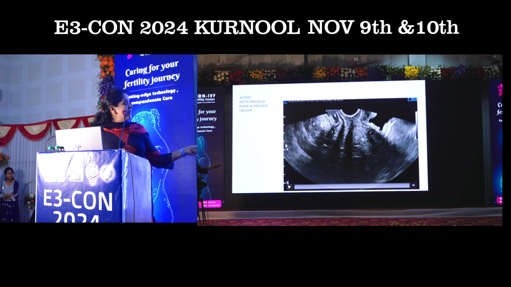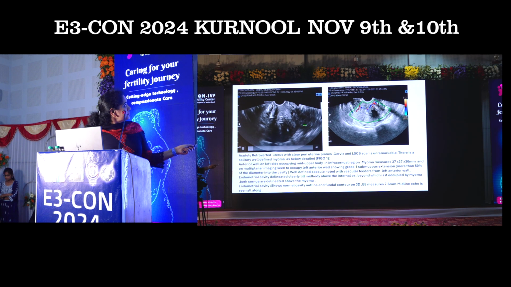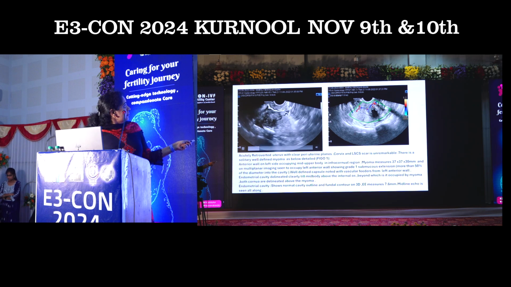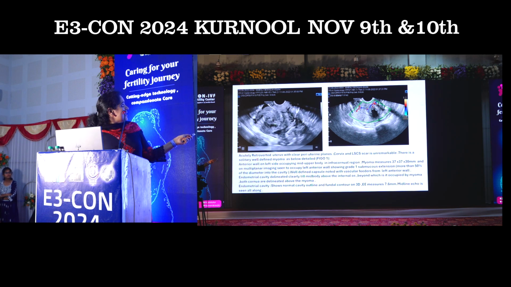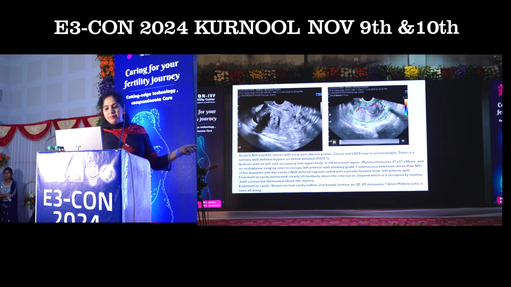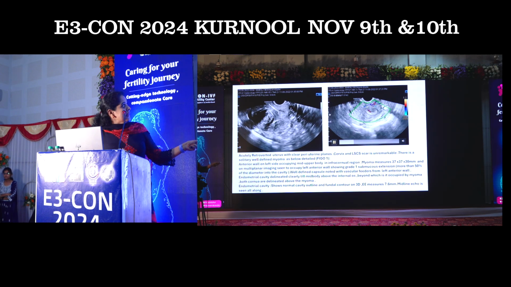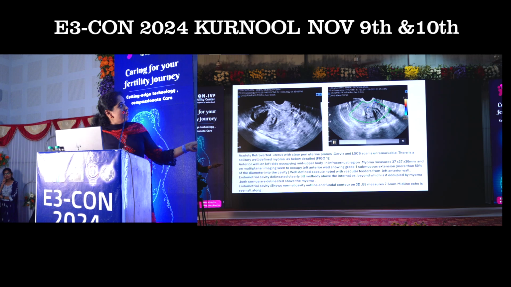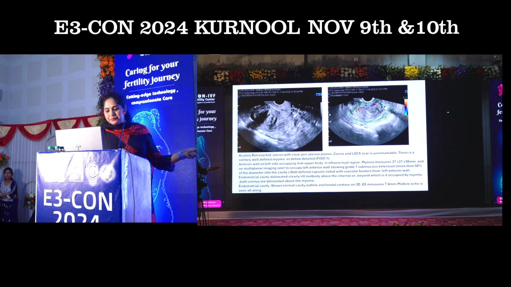So the lesion is a typical myoma, and the location is posterior wall, upper body, FIGO 1 in extent, meaning more than 50% is intramural, but it is trying to enter into the cavity. On vascular pattern, you can very beautifully define the pedicle and a circumferential flow around the myoma.